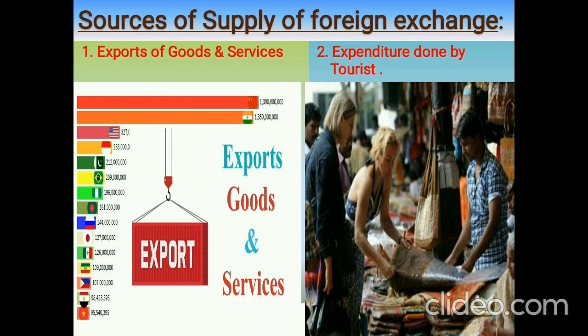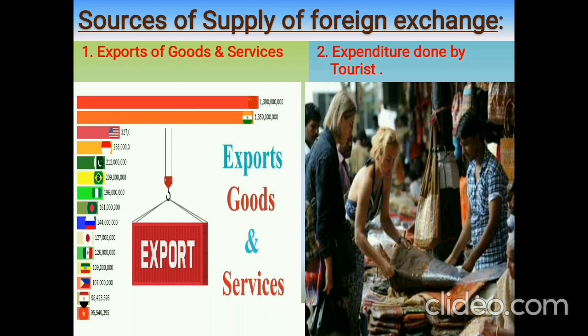In case of supply, we do exports of goods and services to the rest of the world. So it generates a supply of foreign exchange in our country. We get the foreign exchange from our exports of goods and services. Second is expenditure done by tourists.